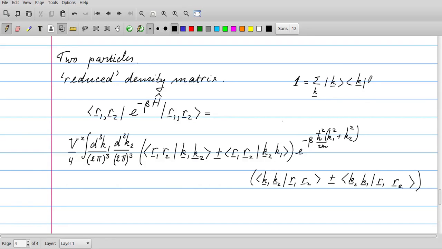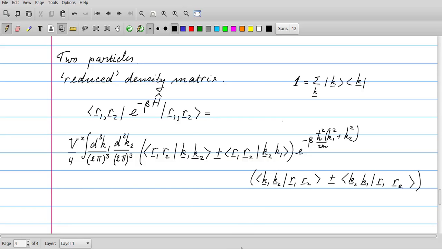Here I have carried this out, so here we have the k1, k2, and here I have reversed them because on the left hand side we obviously should have a symmetric or anti-symmetric state depending on whether we are talking about bosons or fermions. And I have done the same on the right hand side, and I've properly reversed the states. So here we have rk and there it's kr. So this is the expression that we are required to evaluate.